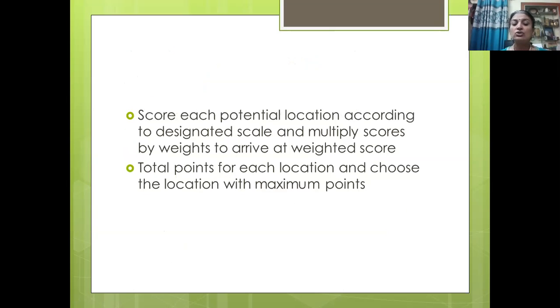And as a next step, score each potential location according to the designated scale and multiply scores by weights to arrive at the weighted score, and total points for each location, and choose the location with maximum points. That is how we have to do it. And this is the method of solving.